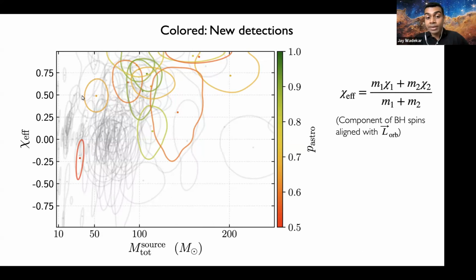We would have to disentangle this by doing injections, one in the high chi effective and one in the negative chi effective, and see whether we can recover both of them. If we can recover both, that means our pipeline was sensitive to both, and there is indeed some preference for high masses. But if we don't recover some events by doing injections in the data, then it could be an observation systematic. This is what we will try to probe in the next study.